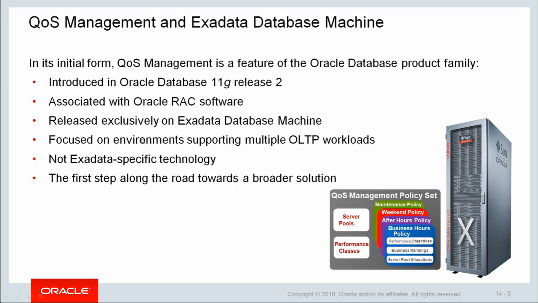However, in the current version, Quality of Service can be used in non-Exadata database environments as well. But it is focusing on OLTP workload management. Okay, so we can create one or more policies, and you activate a policy to manage OLTP workload patterns through service management by using Quality of Service.